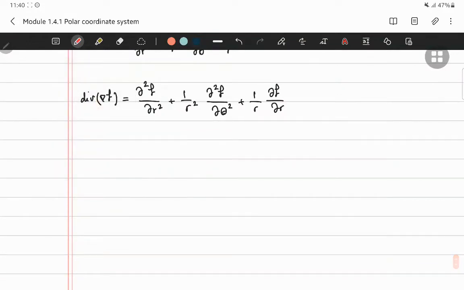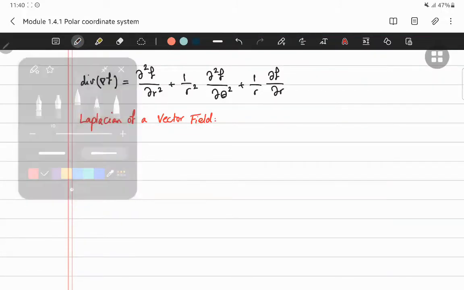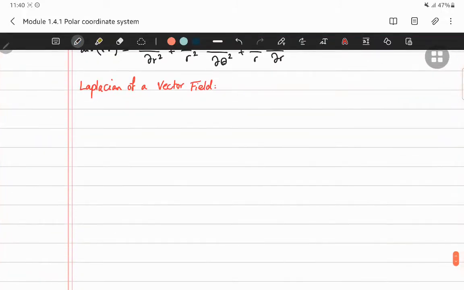So let's get to the last one, which is the Laplacian of a vector field. For this one, we use an expression which is given in the book.